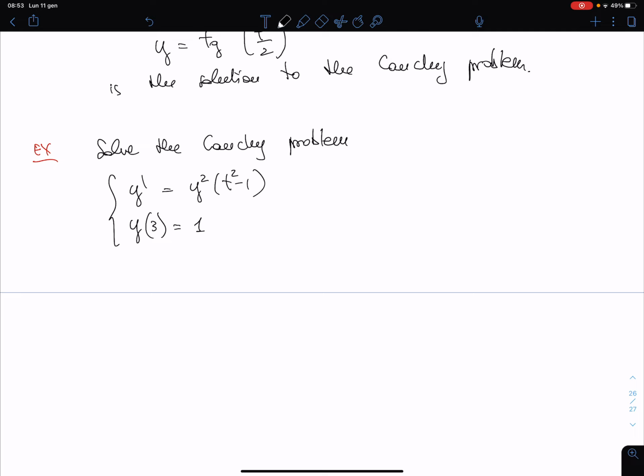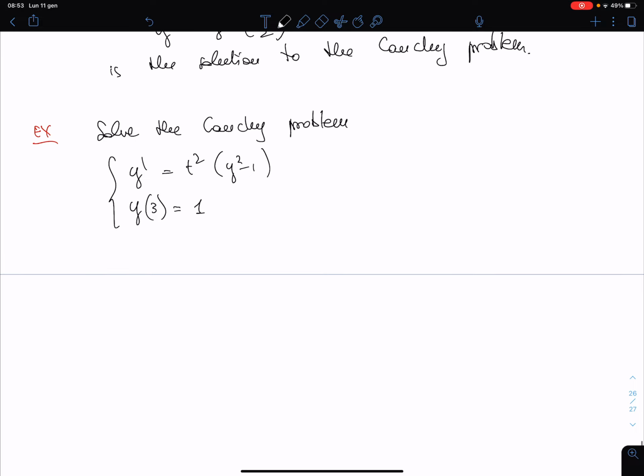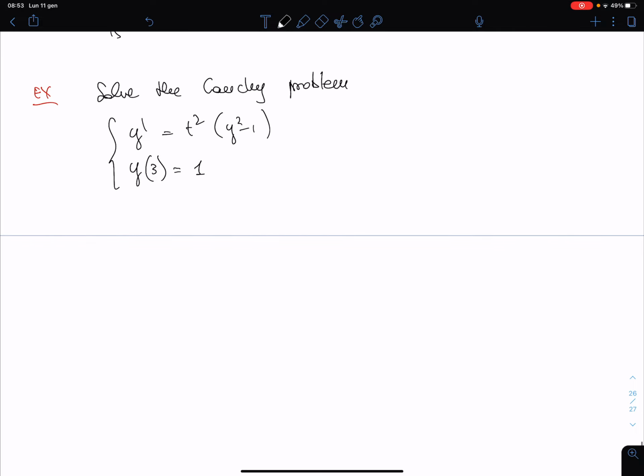Okay, this is a separable equation. This was my idea. Notice that here g of y is equal to y squared minus 1. So y equal to 1 and y equal to minus 1 are constant solutions.